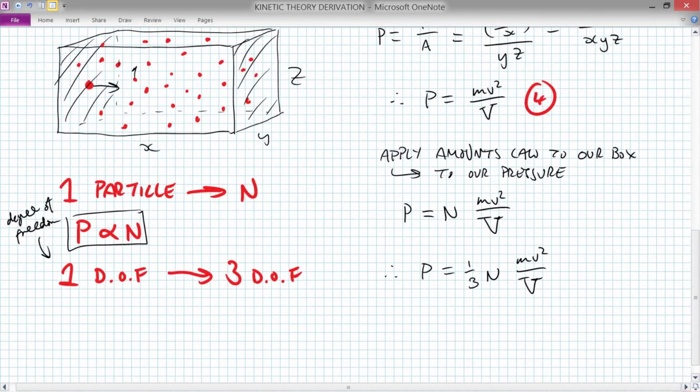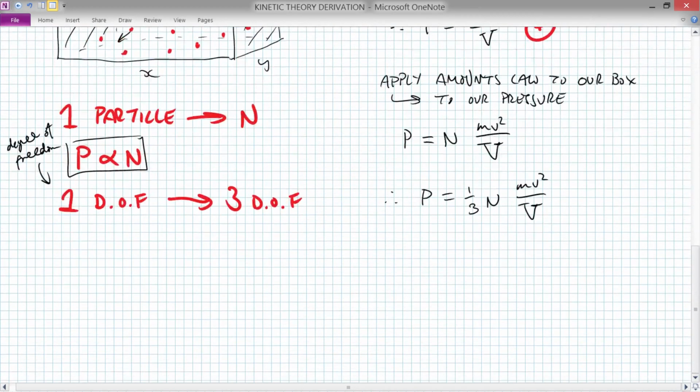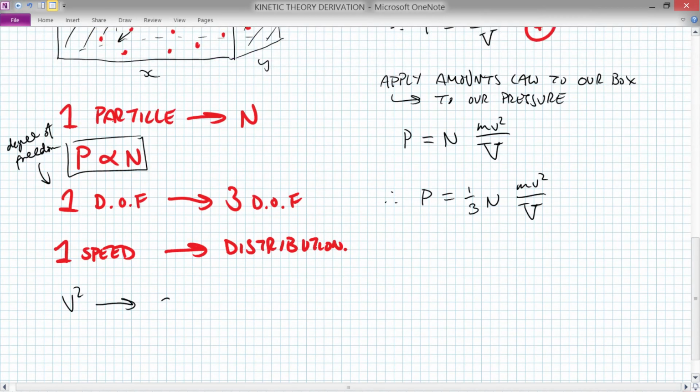But even though these can all move in different directions now, they're still all moving with the same velocity. They're still all governed by this one velocity v, which isn't good. So the final thing we're going to do is go from one speed to a distribution. What that actually means is that we're going to go from v squared to the mean of c squared.